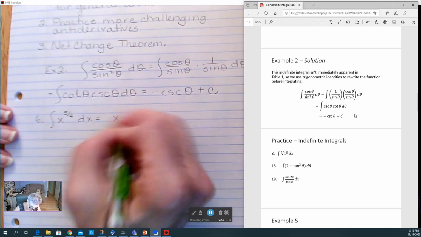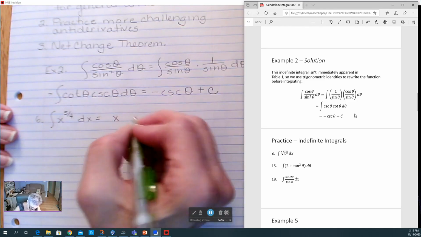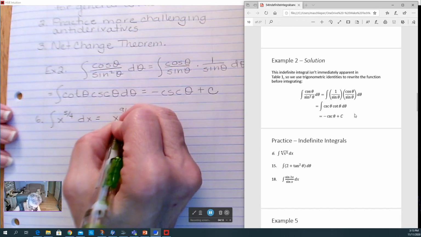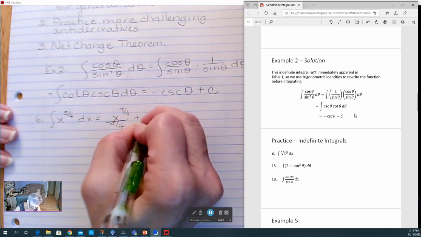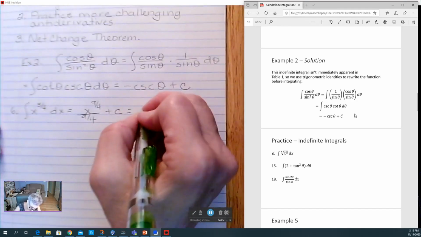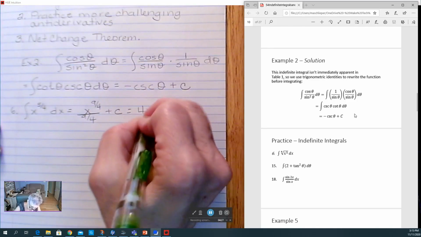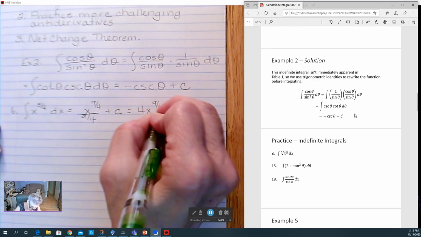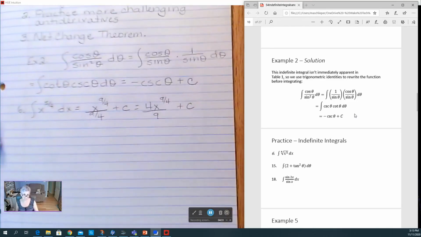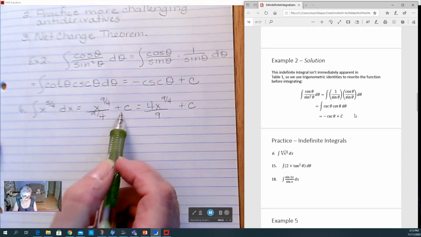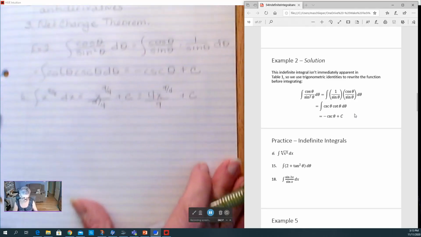So x to the 5 over 4 plus 4 over 4 is 9 over 4. And just because I can, I'll bring the 4 up top, leave the 9 down below, and add c. I would give you full credit if you left it like that. That's fine.